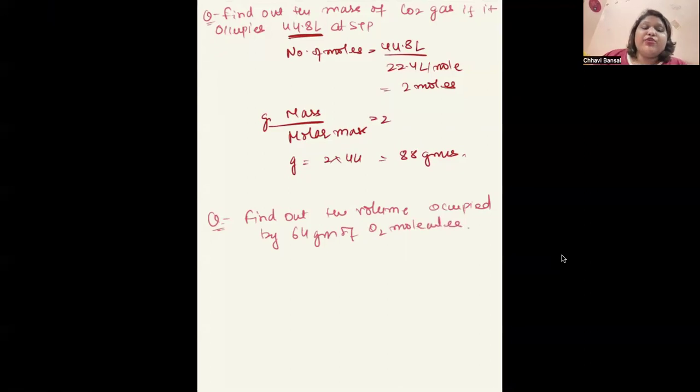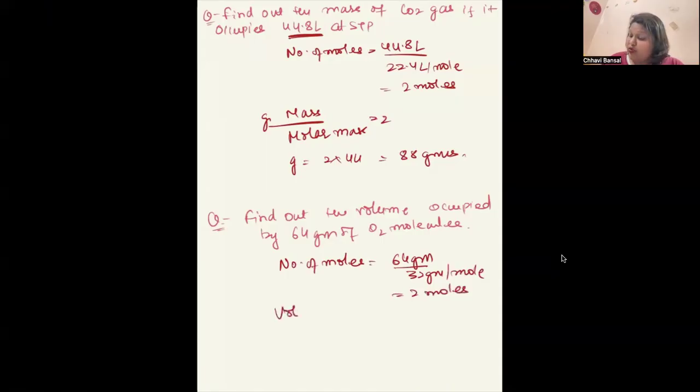Now you should be able to do it on your own, but let me solve it for you. So number of moles equals 64 gram divided by 32 gram per mole. Gives us 2 moles, right? Now volume will be equal to 2 multiplied by 22.4 liter, which is 44.8 liter.